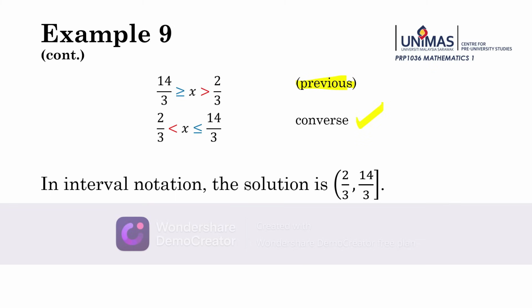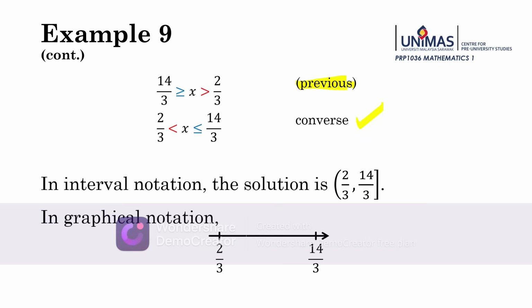So this is how you write your interval notation. The reason we want to arrange the inequality in ascending order is because later it is easier for you to write using the interval notation, right? So number line, okay, number line also we use ascending order, right?